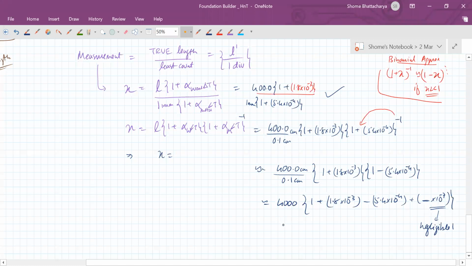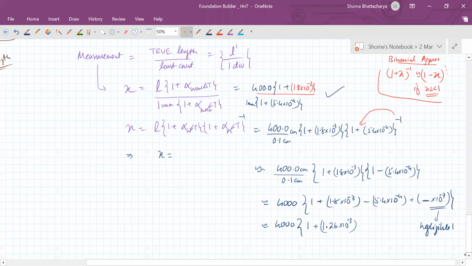This term is negligible. This 1.8 into 5.4, but the power is minus 7 on 10, so we neglect that. So this becomes 4000 into this thing. Now this you can write as 1.8 minus 0.54, so that will become 1.26 into 10 raised to the power minus 3.